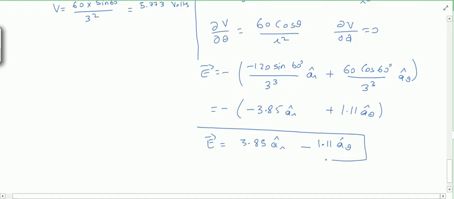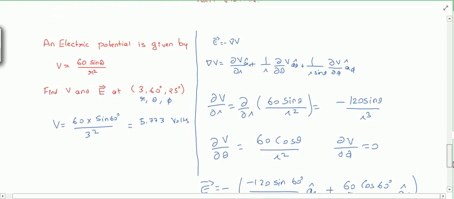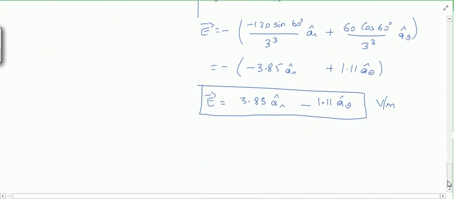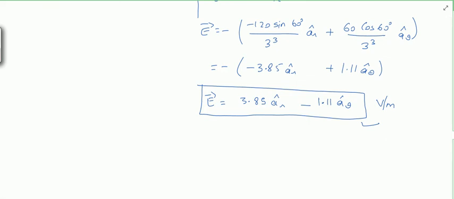This will be the value of the electric field, and the unit is volt per meter. So in this way, if the expression for V is given and you have to find E, you first find the gradient, and then multiply by the minus sign, and you can find the electric field.